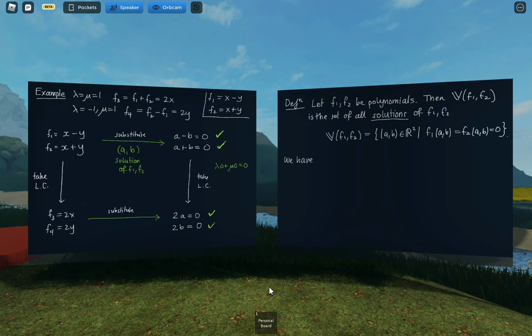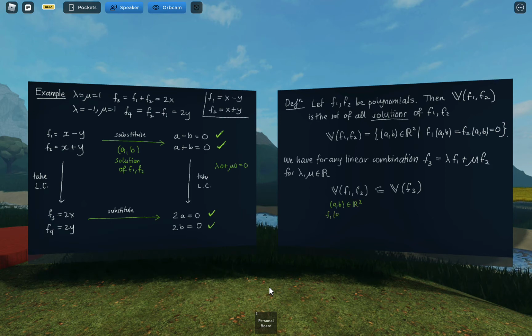So what I was getting at on the previous board is the following inclusion. If I take any linear combination, say F3, of two polynomials F1 and F2, then if (a, b) is a solution of F1, F2, it's also a solution of F3.